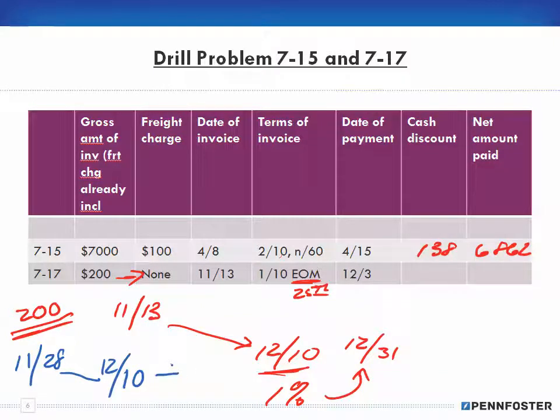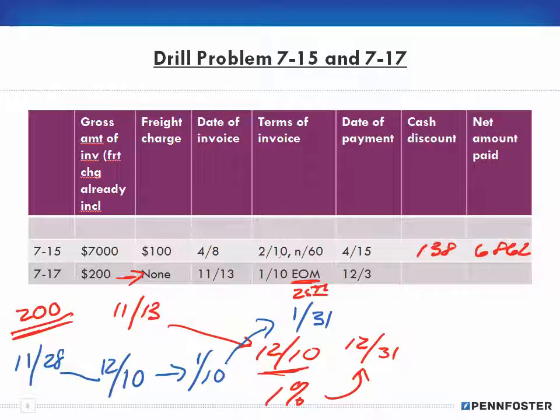It's paid the month after that, so you're getting a whole extra month. So the discount period would actually run until January 10th, and then the invoice would be paid in full on the last day of January, which would be January 31st.